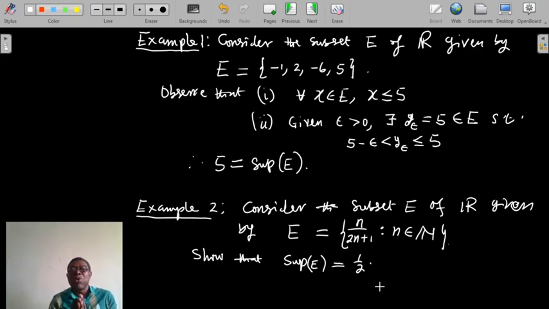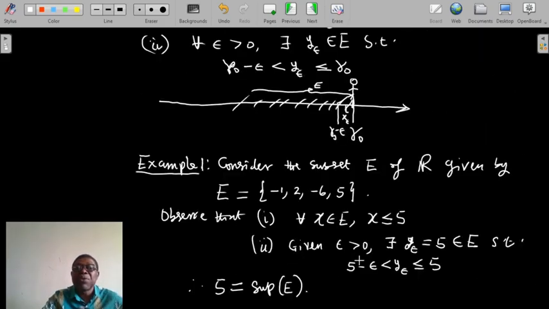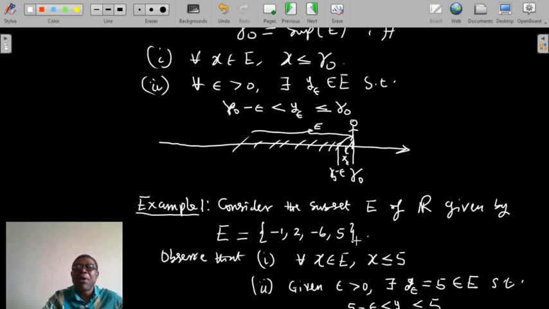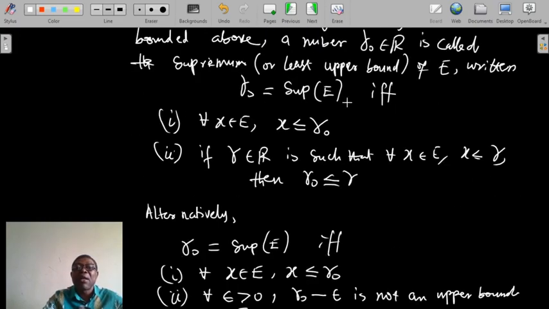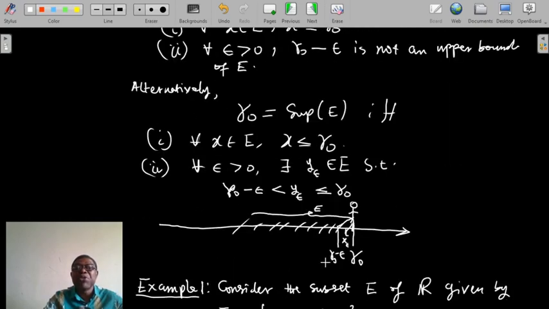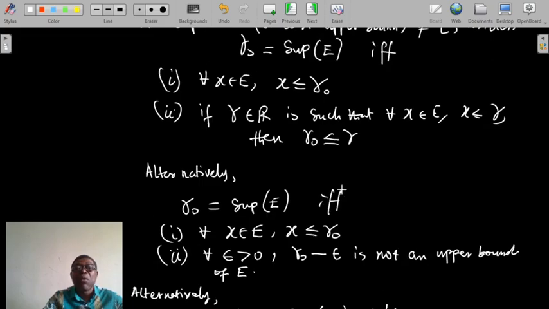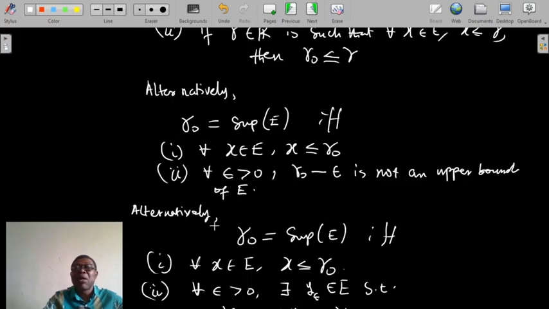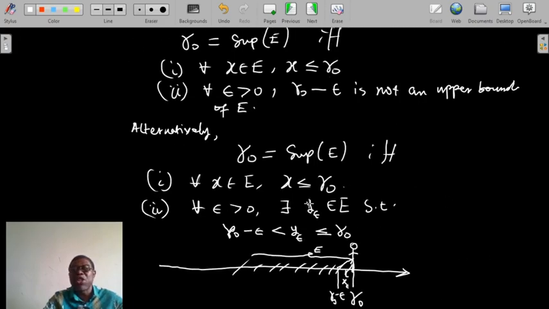Remember, to show that the supremum of this set is equal to half, we must first of all show that half is an upper bound. Remember, we have about 3 characterizations on the board now for the supremum. Any of them can be used, but since they are all equivalent, I will be using any one of my choice.